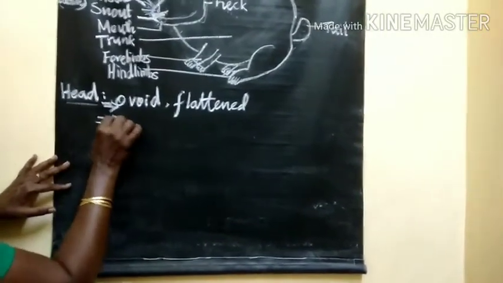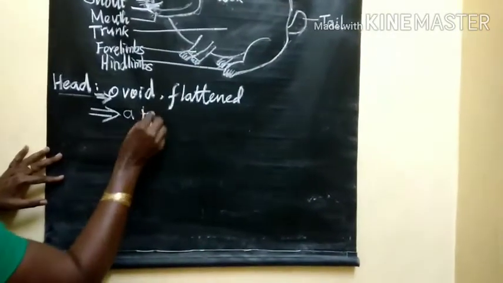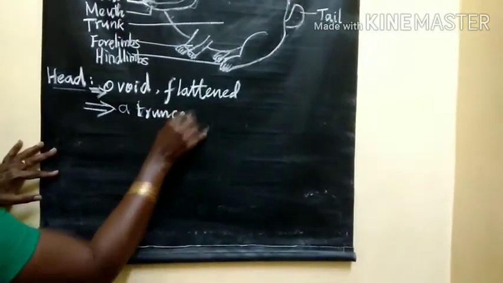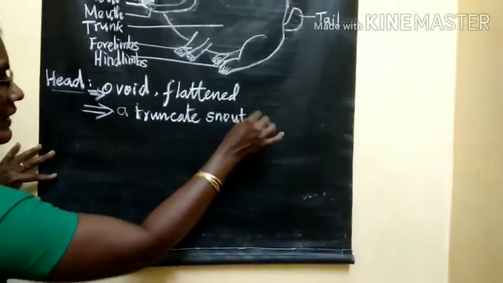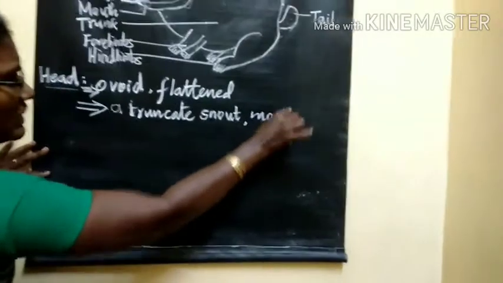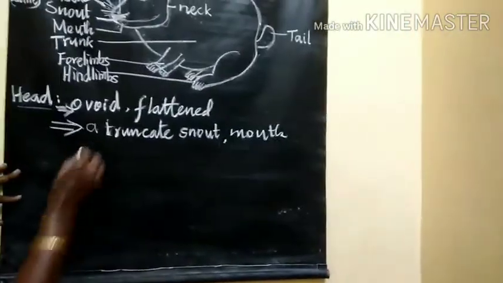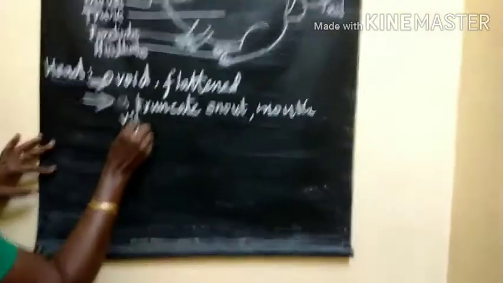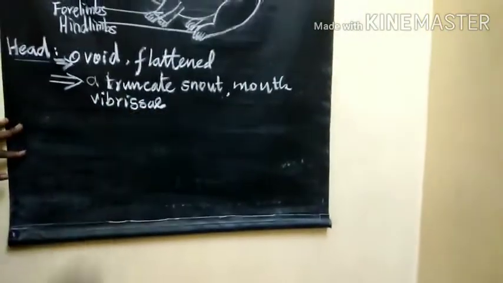The head bears a truncate snout. A mouth. The mouth is bounded by upper lip and the lower lip. And vibrissae or sensory hair are present.